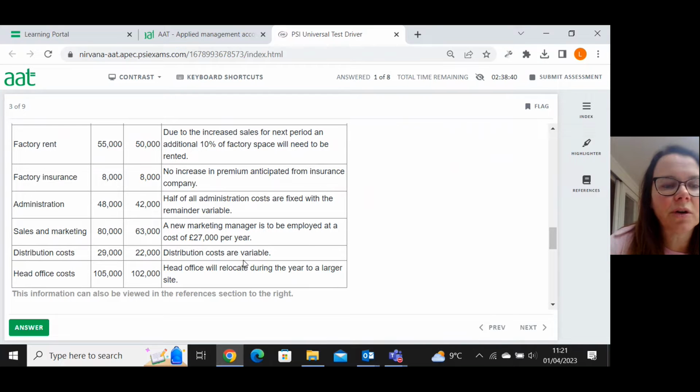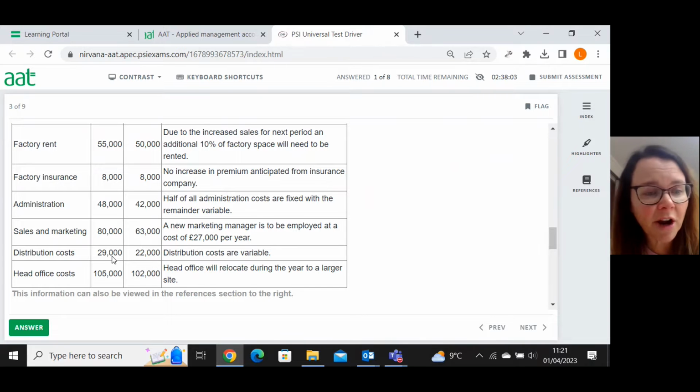Then on to distribution costs. So we're told that they are variable. So if we work out what 22,000 with a 15% uplift is, that would come to 25,300. Again, they've whacked in a bit extra here. So again, not sure why, but I suppose just thinking about distribution costs, maybe there's been unexpected increases in fuel, for example, to do deliveries, or cost of living increases, so distribution companies have put up their rates.